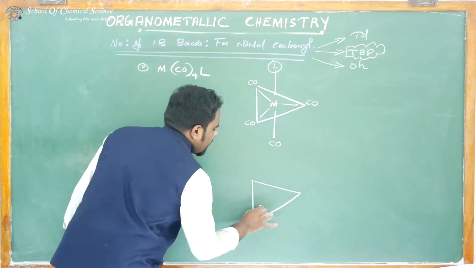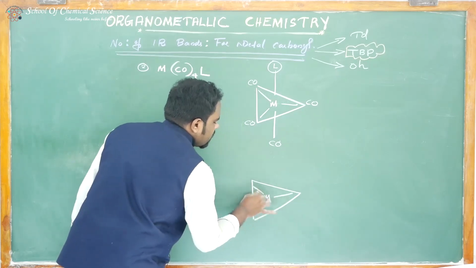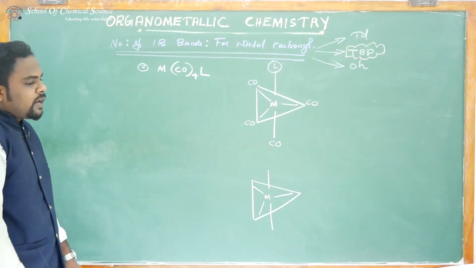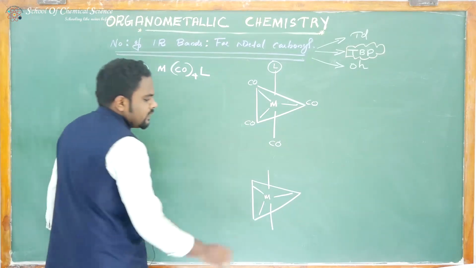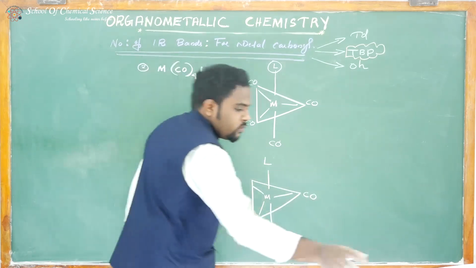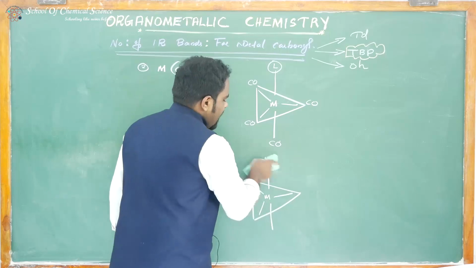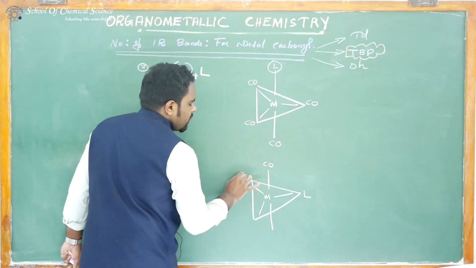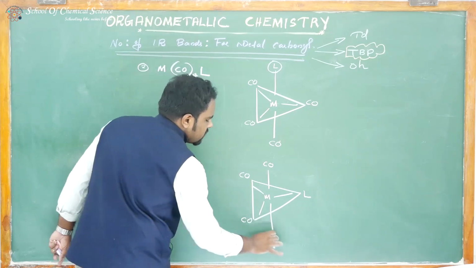This is the trigonal plane, this is the metal, 5 corners. If the newly added ligand is present at the equatorial position, then all carbon monoxide are at other sites.